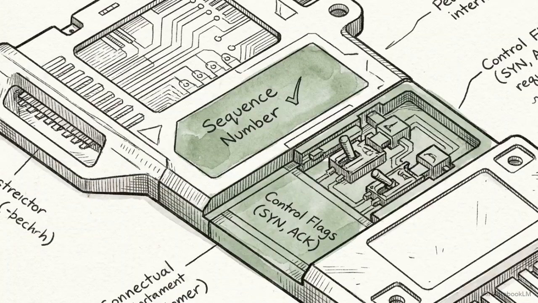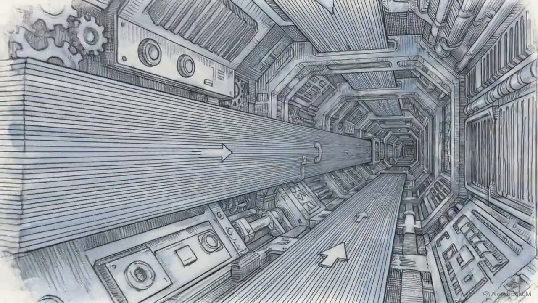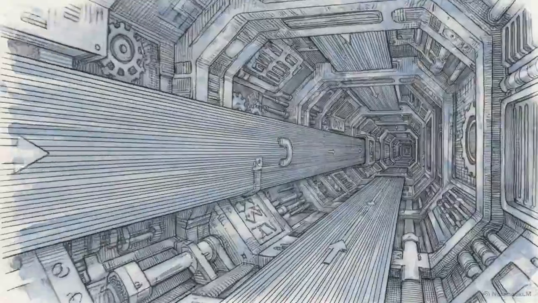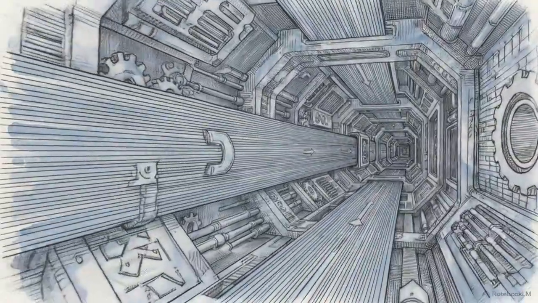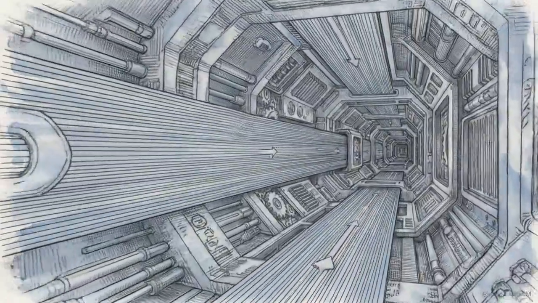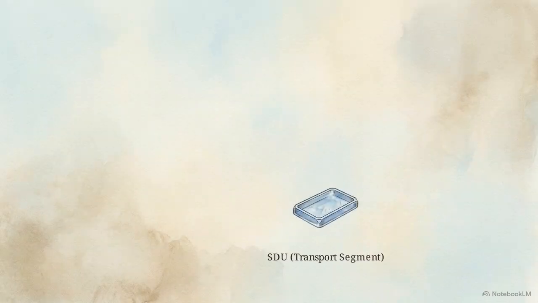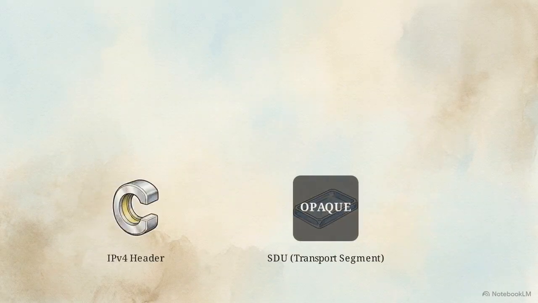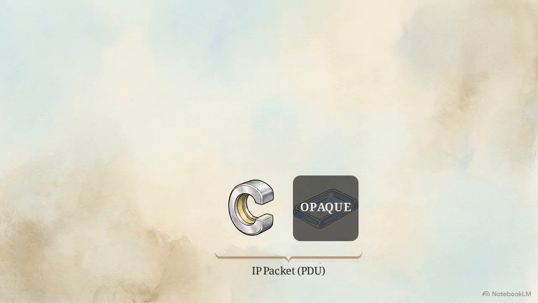The header contains sequence numbers to ensure the payload is reassembled in order, and control flags like SYN and ACK to manage the connection state. By the end of Layer 4 processing, a raw data stream has been converted into structured, reliable conversations between specific applications. The transport layer hands the segment to the network layer, treating it as a single SDU payload.